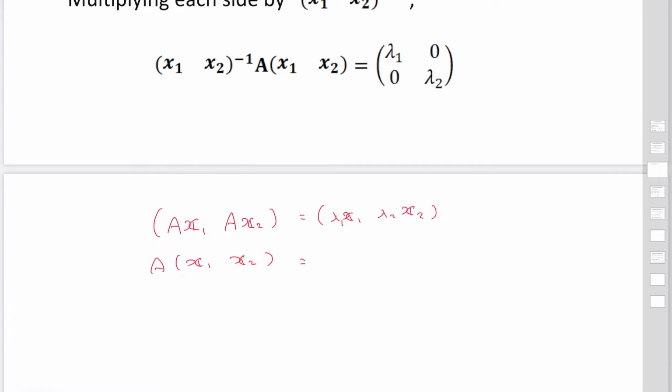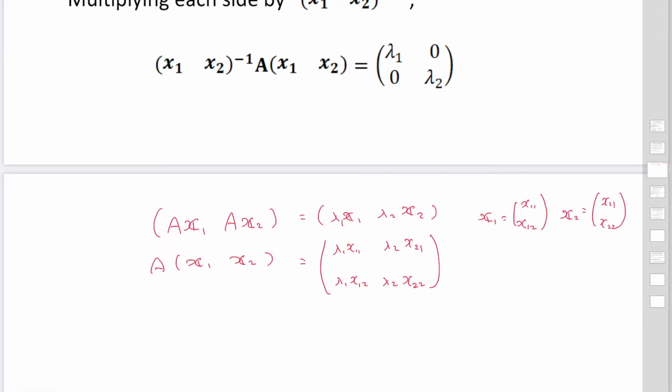And the right hand side: if you consider x sub 1 as (x 1 1, x 1 2) and x sub 2 as (x 2 1, x 2 2), this becomes, using the components, lambda sub 1 x 1 1, lambda sub 1 x 1 2, lambda sub 2 x 2 1, lambda sub 2 x 2 2.